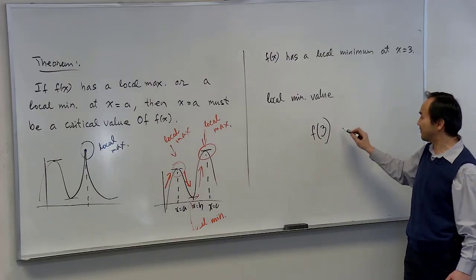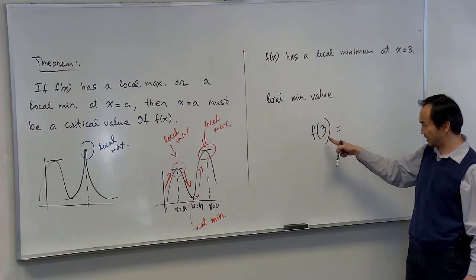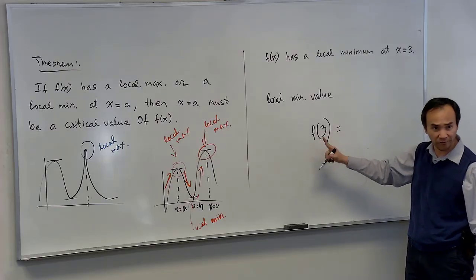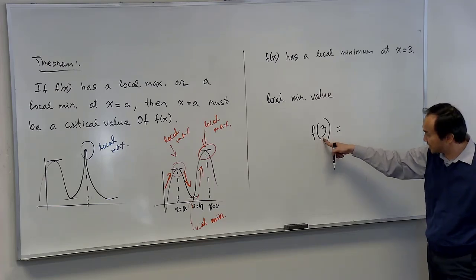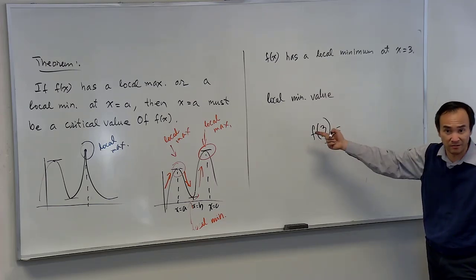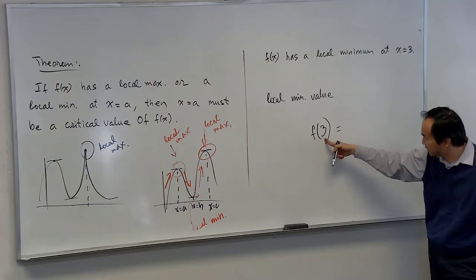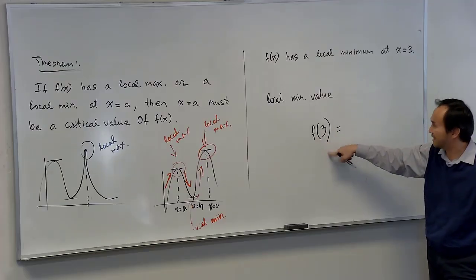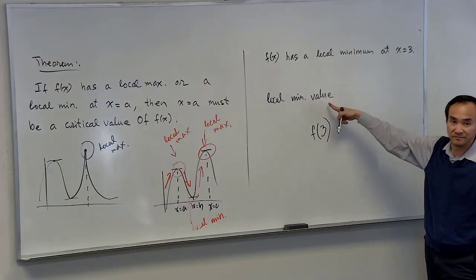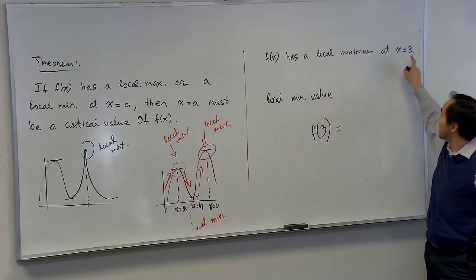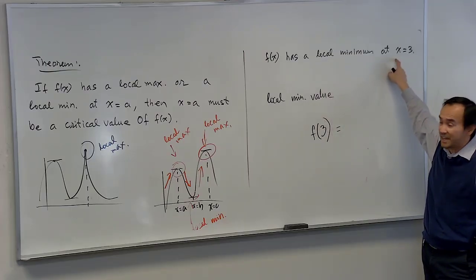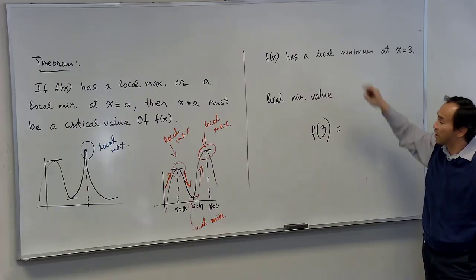So f of 3, we substitute the critical value into the function. Otherwise, substituting it into the derivative would come out 0, and that's not what we want. Substituting into the function gives us the minimum value, because we have already decided that at x equals 3 we reached a local minimum.